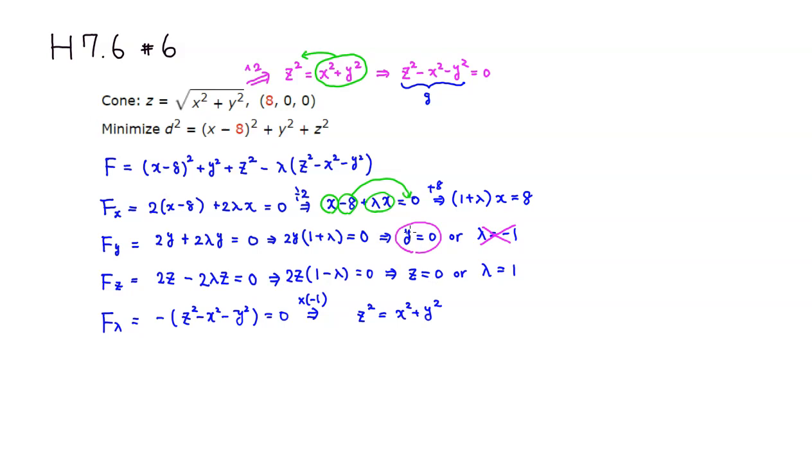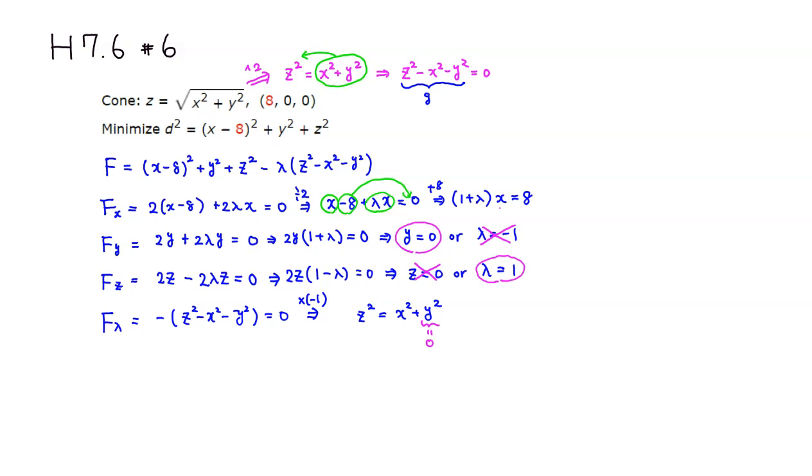We already know that y is 0. Also, from the earlier equation, x cannot be 0, because if x were 0, then this product would be 0, but we have to get 8. So x is not 0, and if x is not 0, z is not 0. So we can eliminate this possibility. We know that lambda has to be equal to 1.